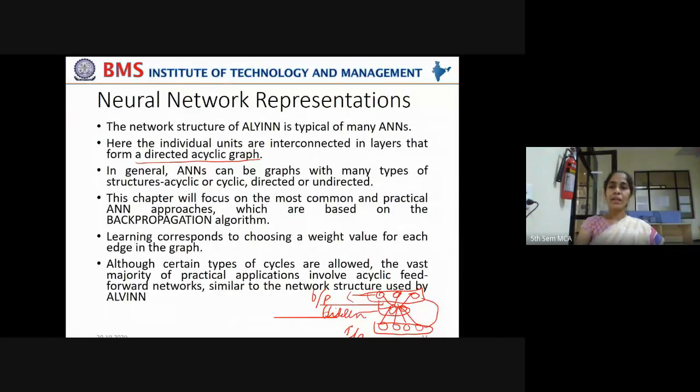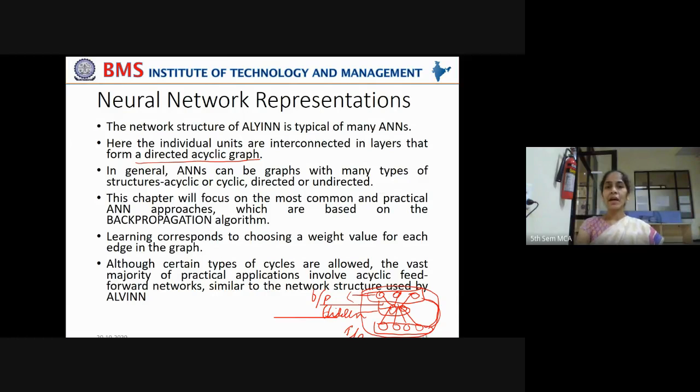Now this entire architecture is connected in a directed manner, meaning input towards output. There is a specific direction, but there is no cycle in the graph. That is why they are called acyclic graphs. Here the individual units are interconnected in layers that form a directed acyclic graph.